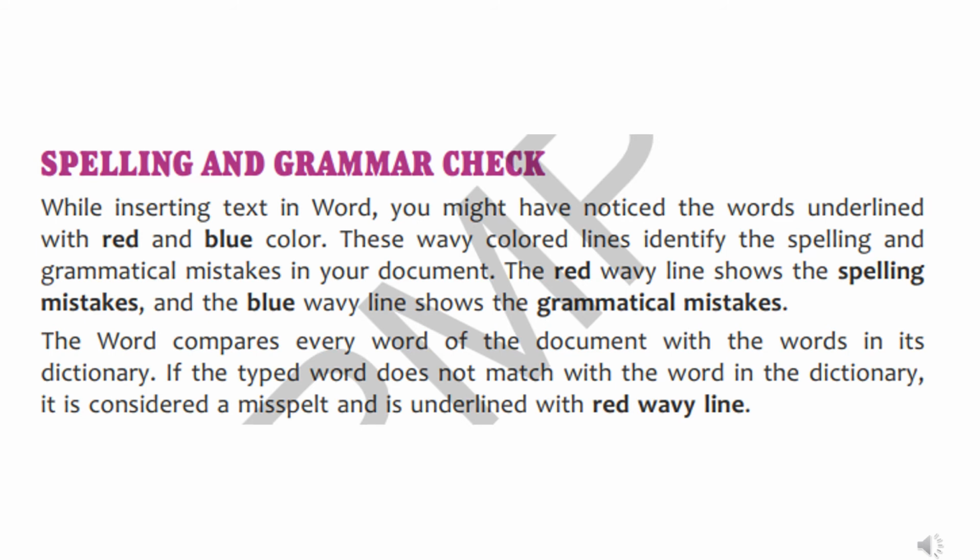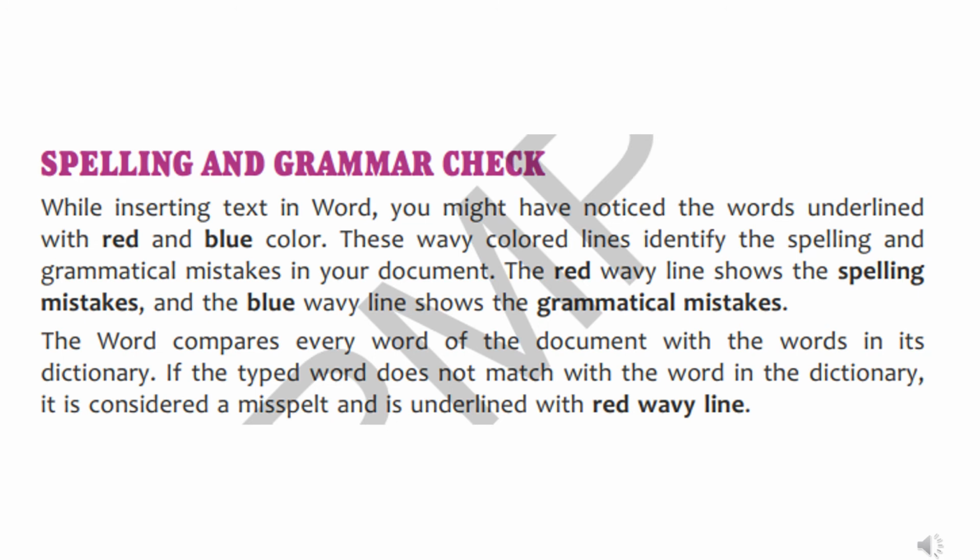Children, if by mistake you have written some wrong spelling, or you have made any grammatical mistake, then they will be underlined. If you have made a spelling mistake, then the word will be underlined with a red wavy line. But if you have made any grammatical mistake, then you can see a blue wavy line under those words.